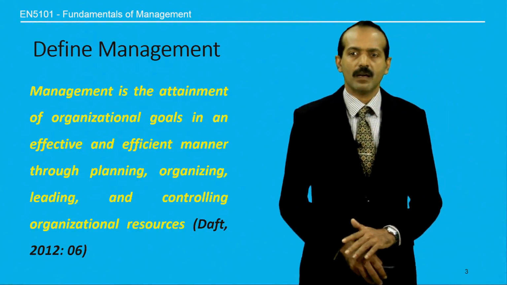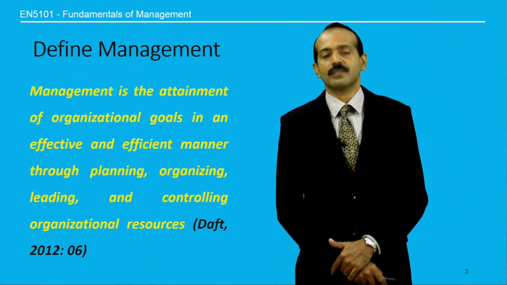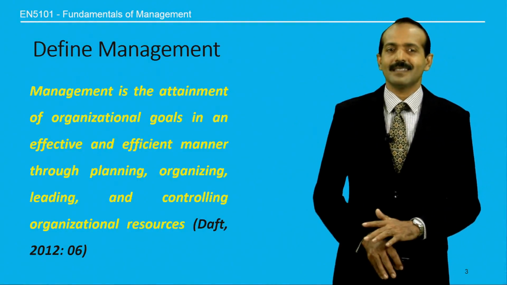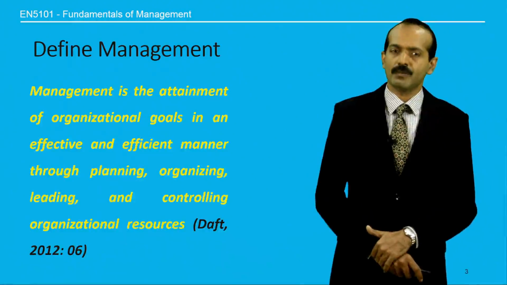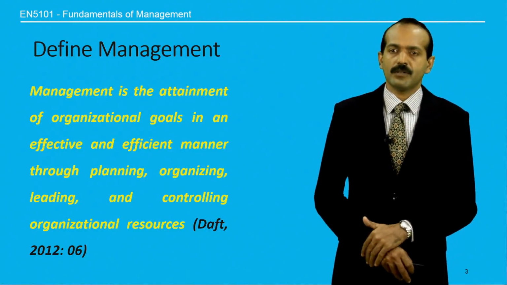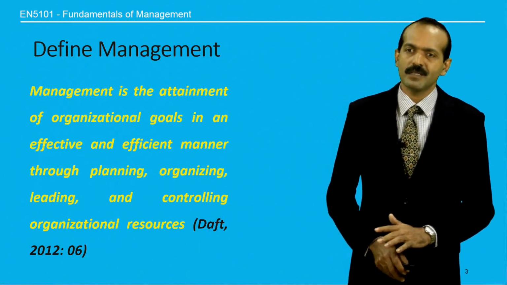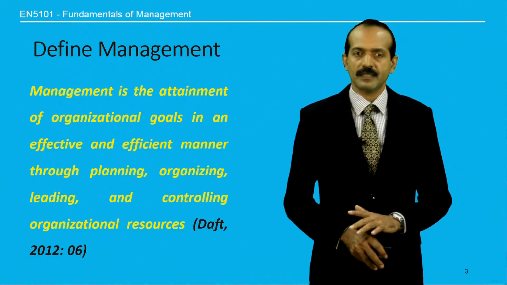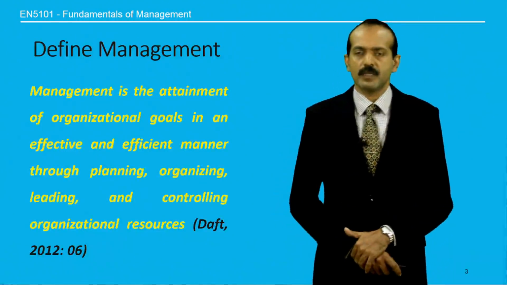and controlling organizational resources. The things in this definition should not be memorized, but the important point is you should be able to keep the keywords of this definition in mind.